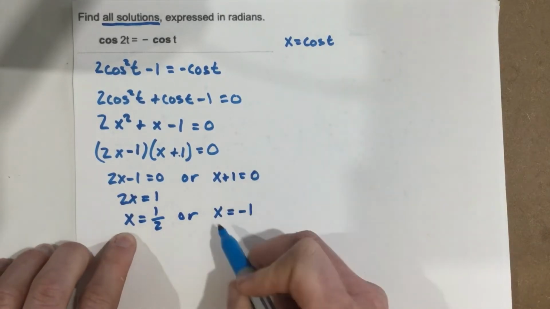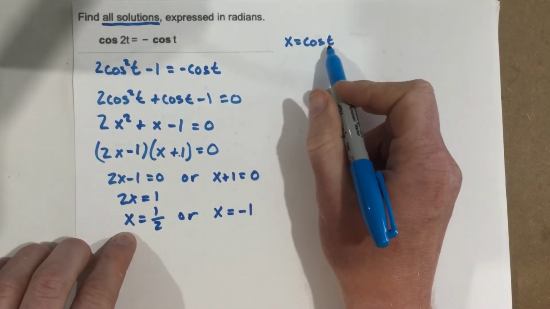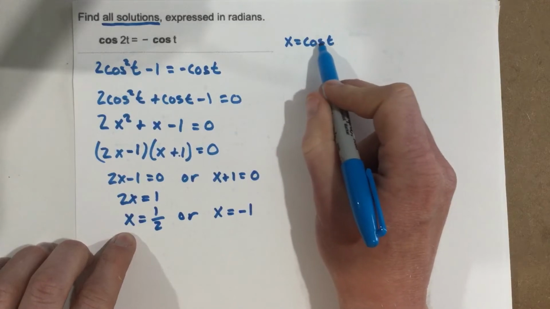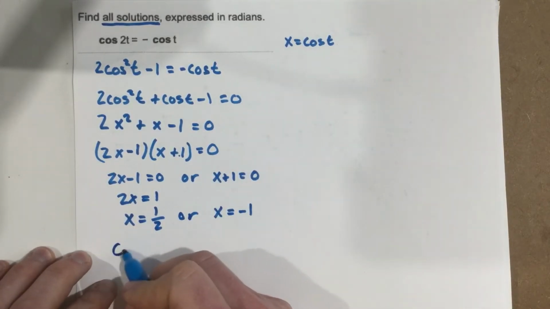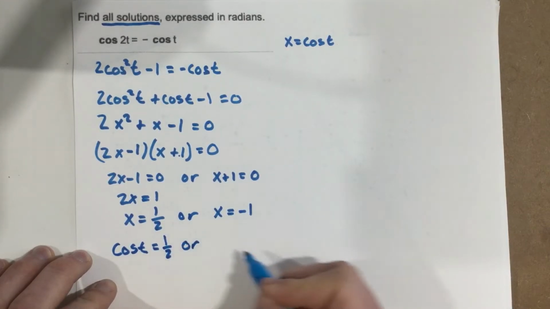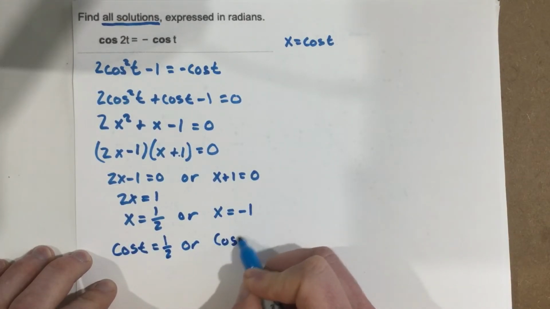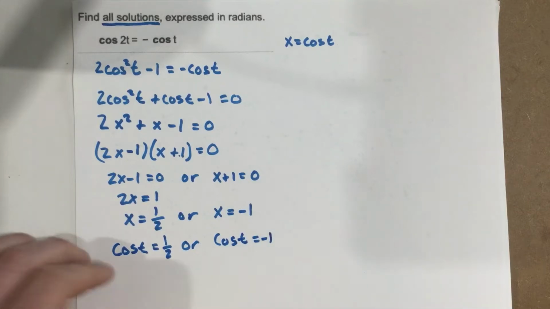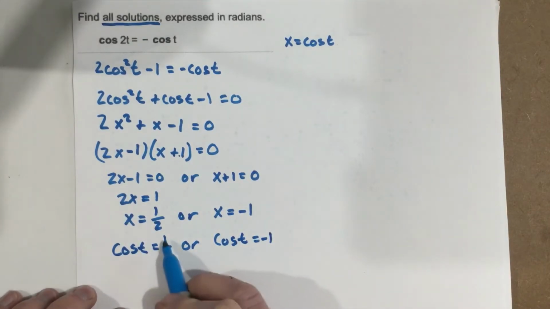And then at this point, because I've now solved for x, I know that I replace cosine with x, so I can put it back in and say cosine t equals 1/2, or cosine t equals negative 1. And now I can start to figure out, where does cosine t equal 1/2?